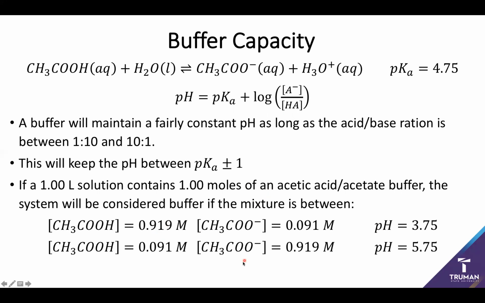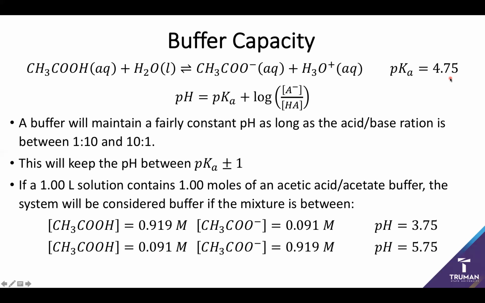On the high end, this would be a ratio of about 0.1 acetic acid and 0.9 acetate. Being richer in acetate, the pH will be higher, about 5.75, with the most controlled pH near that middle point of 4.75. So this is really our buffer region.